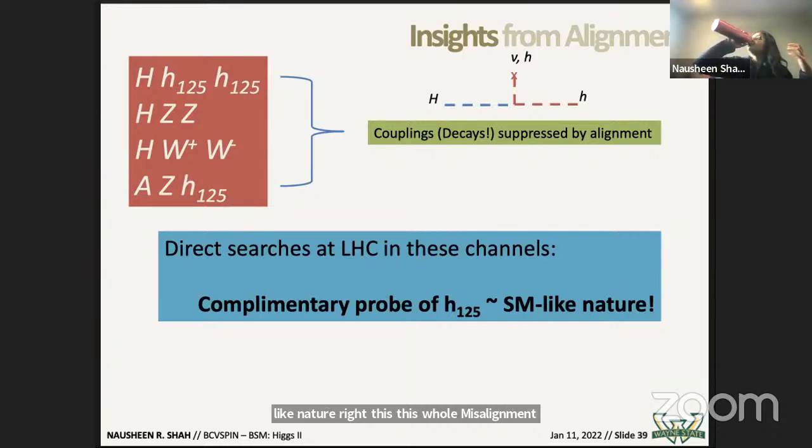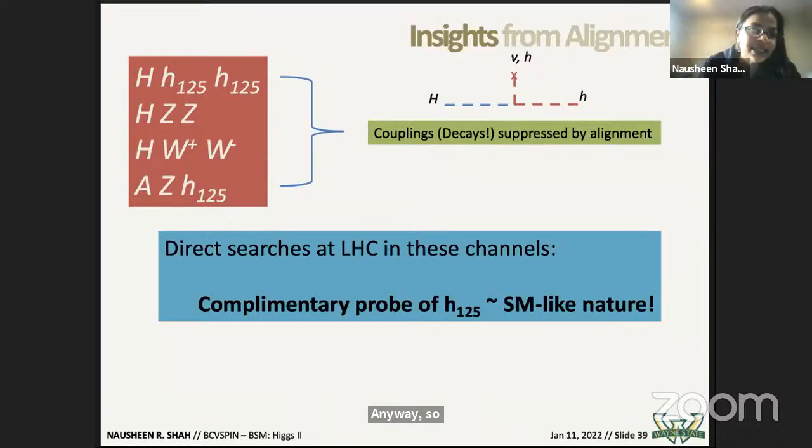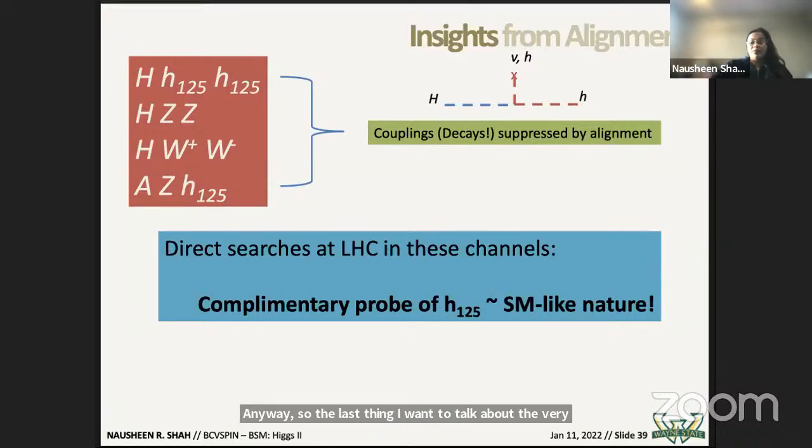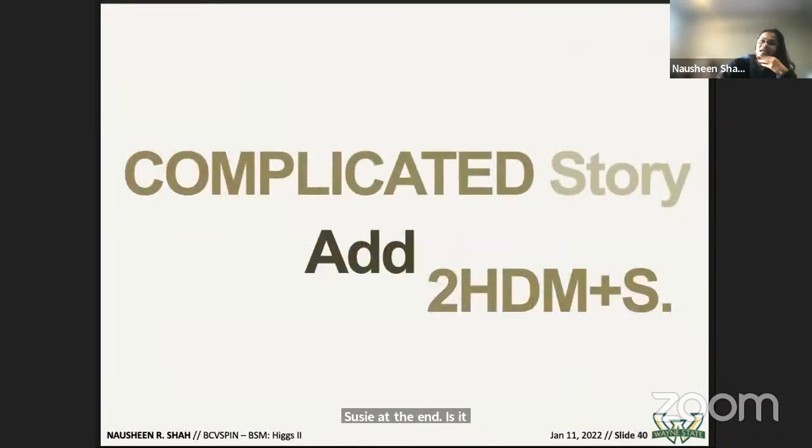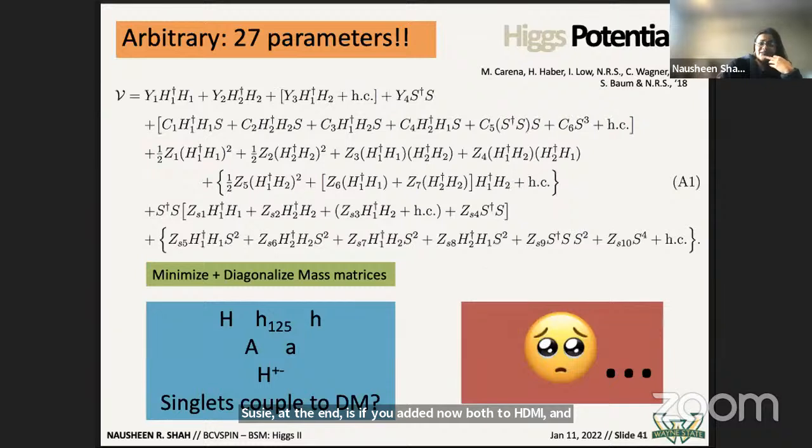Anyways, the last thing I want to talk about very quickly has to do with the 2HDMs, and hopefully I'll have a few minutes to talk about SUSY at the end, is if you added now both 2HDMs and a singlet. So as you can imagine, things can get very, very complicated very, very quickly.